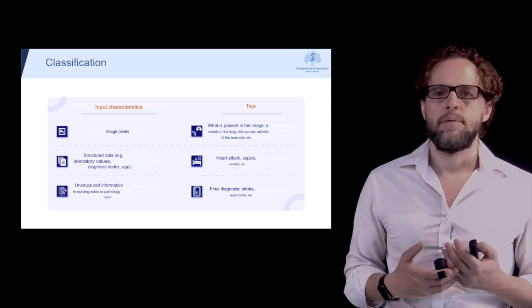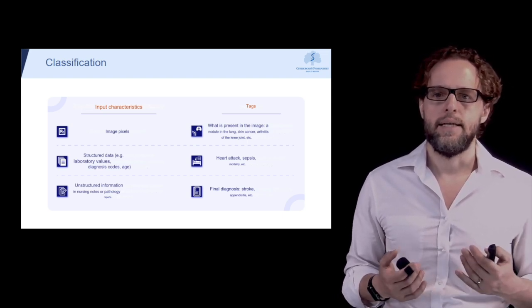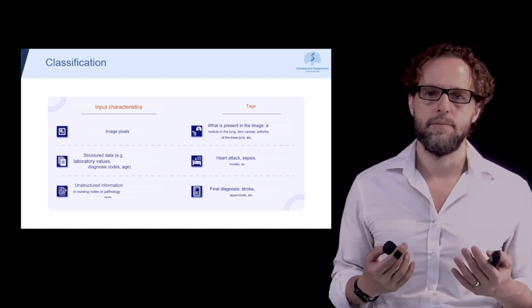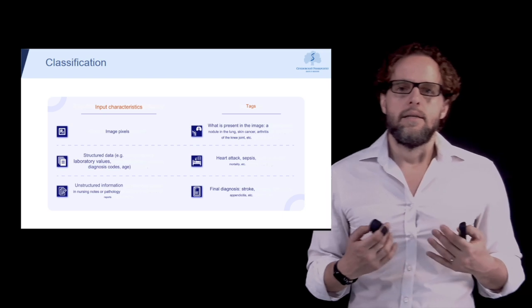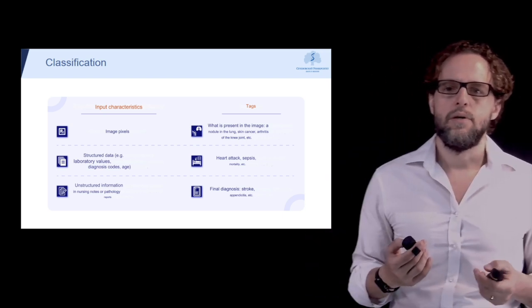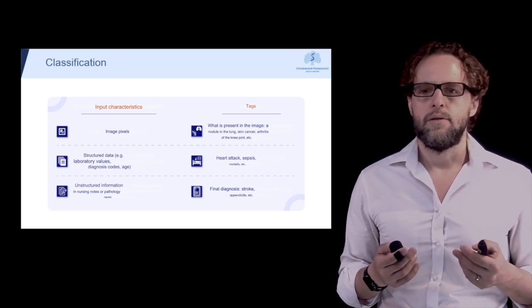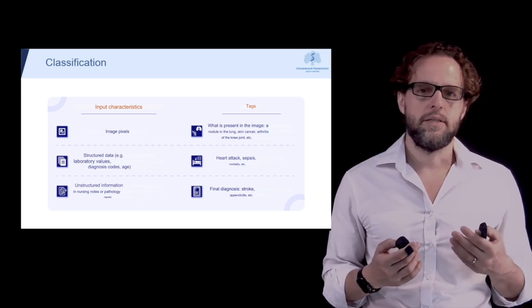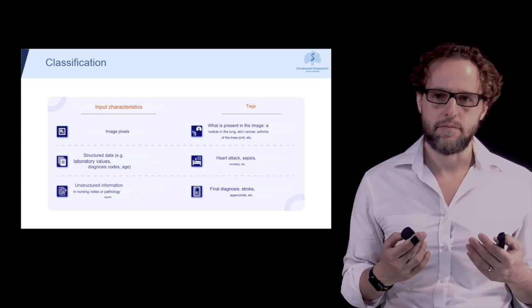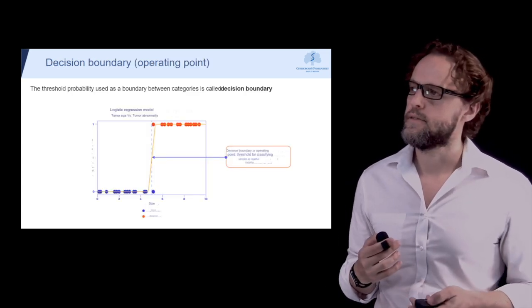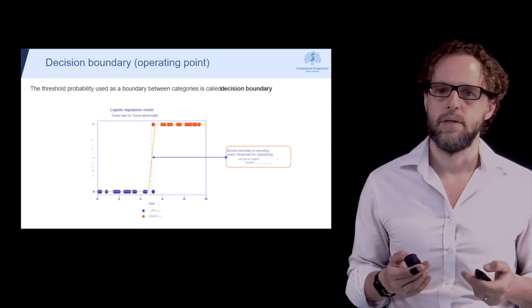The membership probability in this case is calculated, for example, using a function like sigmoid. For classification models built on the principle of logistic regression, this mathematical concept is often used.